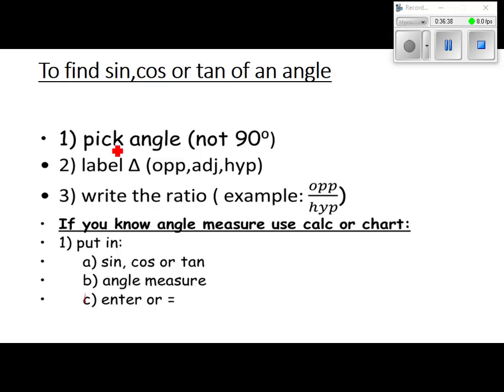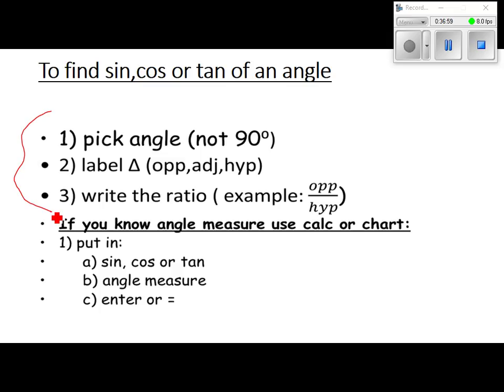All right, to find sine, cosine, and tangent, that's what we did. That's what I was just doing. Can I write this down? This top part is just if we want a fraction answer.